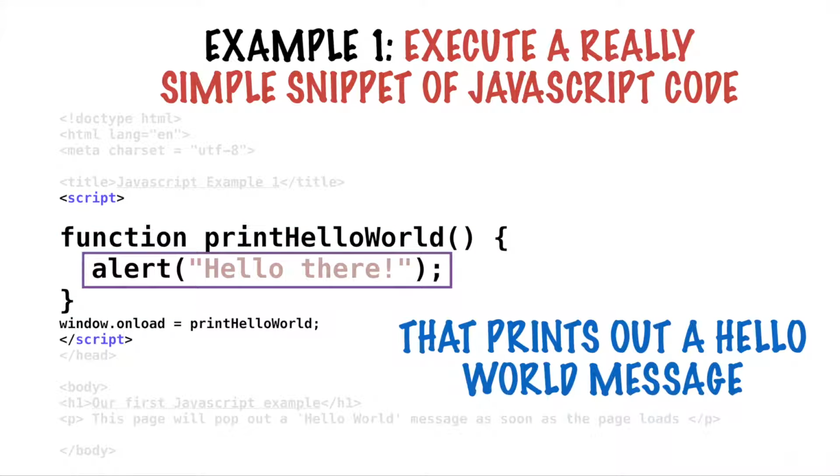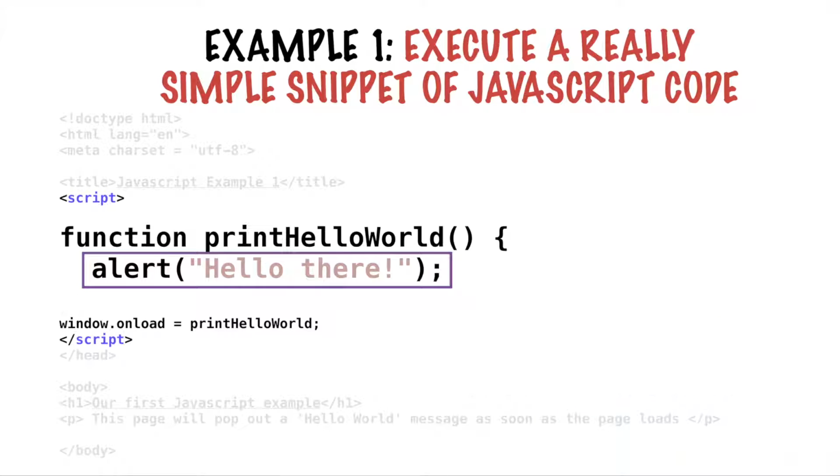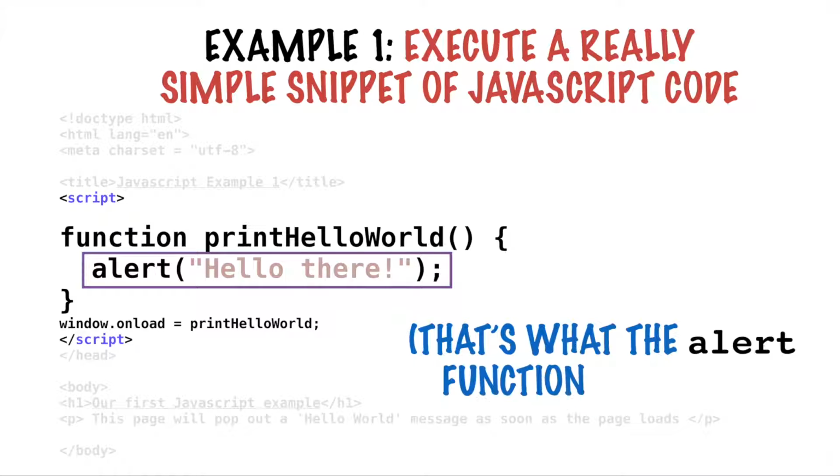This function prints out a hello world message to the world. Alert is one of the keywords that the browser supports, which basically just says hello world. So alert is a function which the browser supports, which displays something on screen. So we are printing out and displaying hello there on screen.